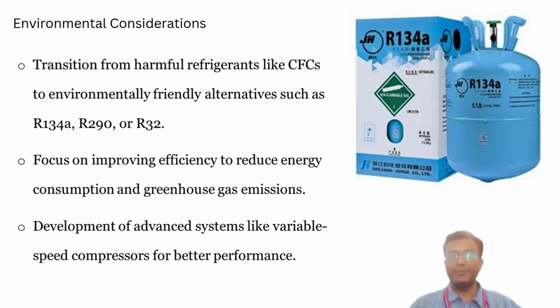Innovations like variable speed compressors help by adjusting the power to match cooling needs, unlike older systems that run at full speed. Engineers are also designing systems with better leak prevention, since even green refrigerants aren't perfect if they escape. For instance, tighter seals in car AC units keep R134A contained.